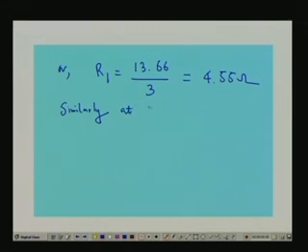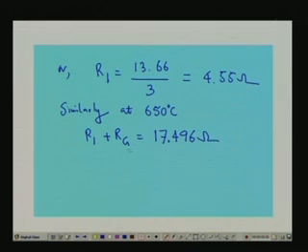Similarly, at 650 degree centigrade, R1 plus Rg is equal to 17.496 ohm. So, Rg will become 12.95 ohm.